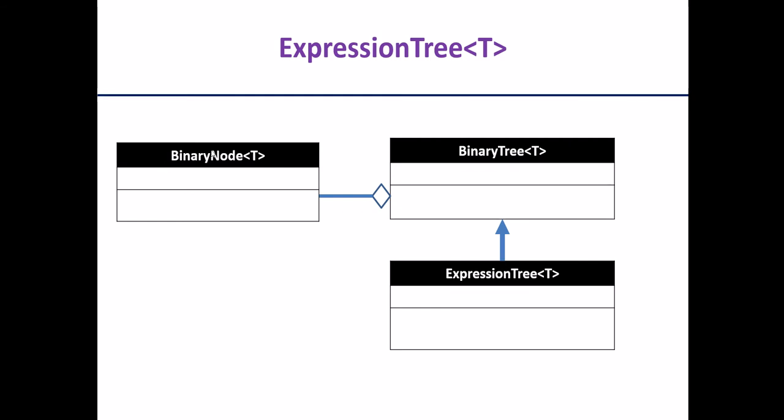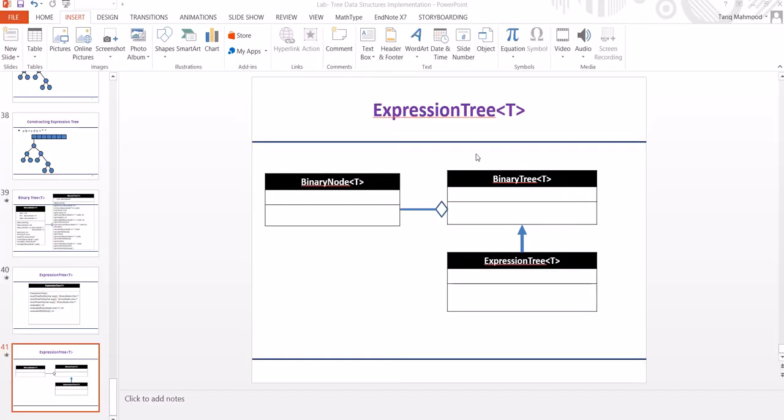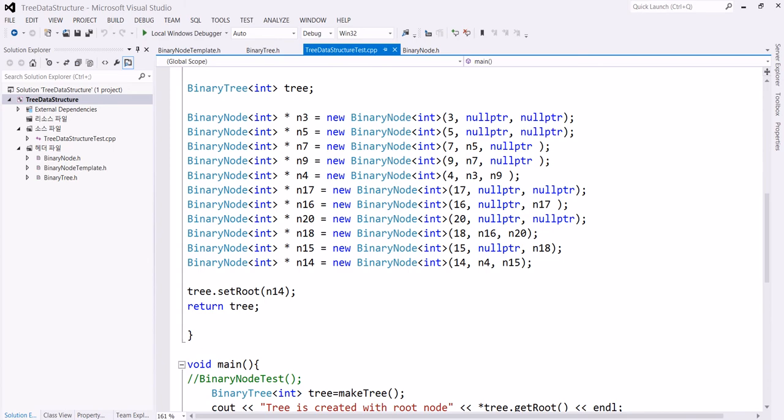So we need a binary node and then a binary tree, and this expression tree will become a subtree. So let's see its implementation. Let's implement this one.